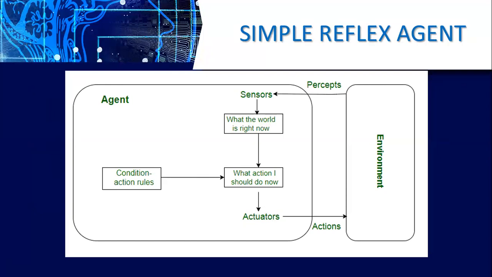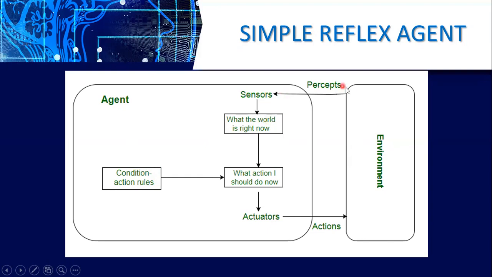The block diagram explains how the simple reflex agent works. This is the task environment, and there is a set of conditions the agent has to see through the sensors.